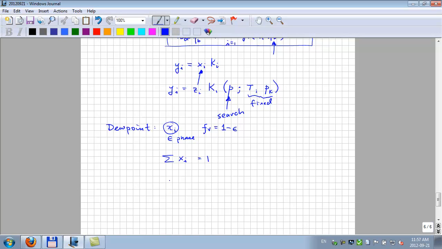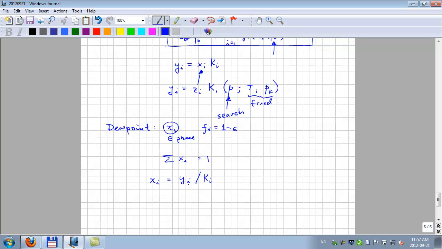And we can rewrite xi as equal to x ki over yi. Is that right? No. That's upside down. Yi divided by ki.